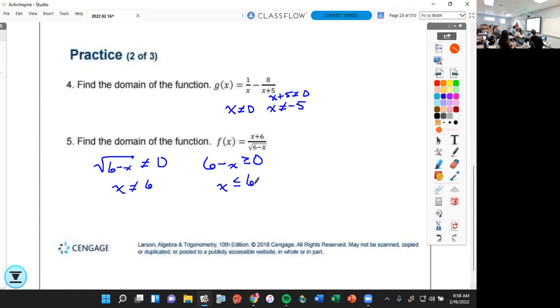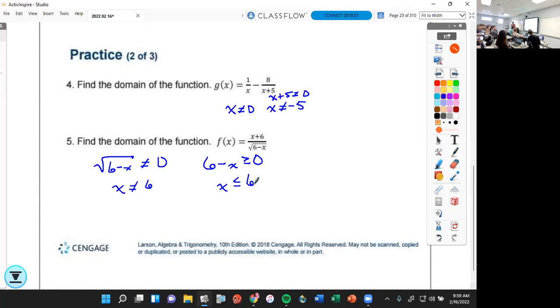Why can't it be equal to 6? Because 6 minus 6 is 0. Square root of 0 is 0. So it'll never be 6. It can't be 6 because then we're dividing by 0. Can't do that. Over here, it says it can be less than or equal to 6. So how do I make these 2 both happy at the same time?